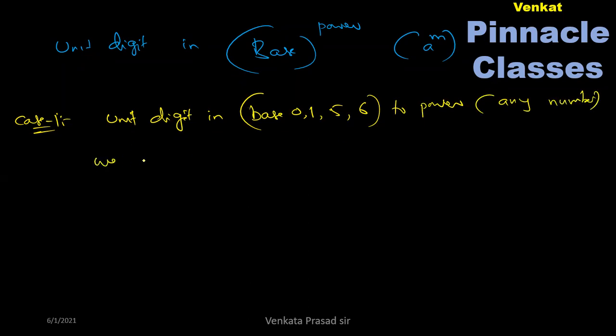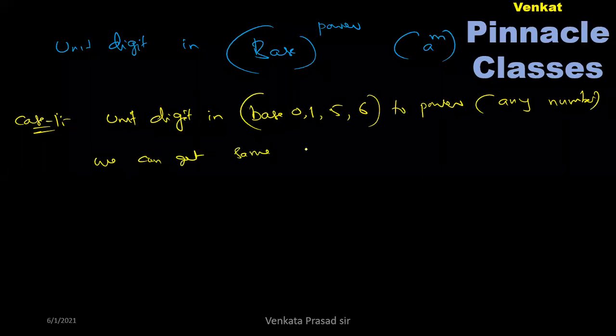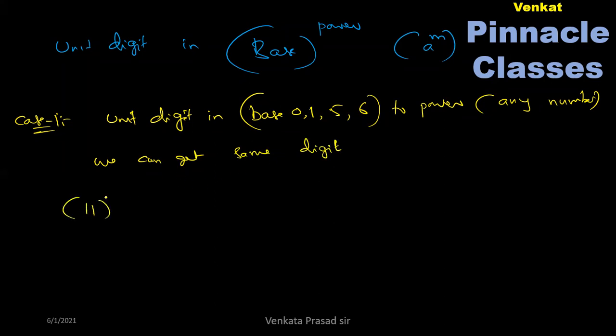You can get the same digit. Means what here? Suppose 11 power any number, 2021. What is the unit digit coming? The unit digit is coming 1. Why? Because 1 power anything is always 1.